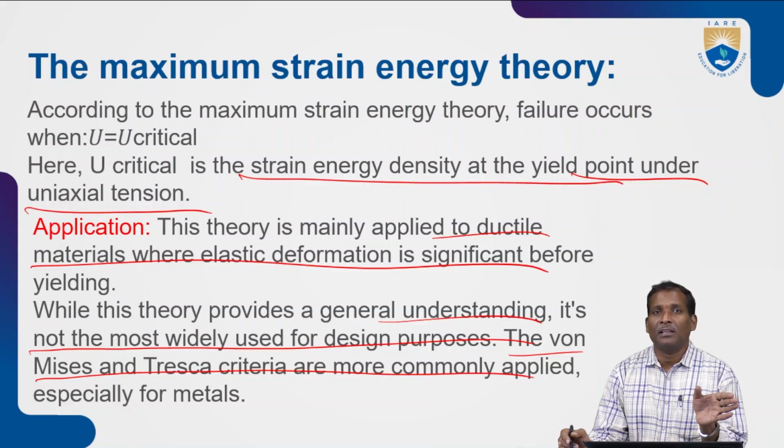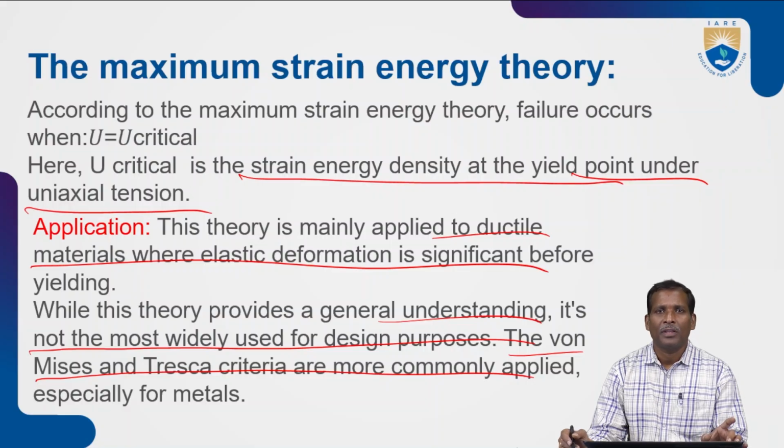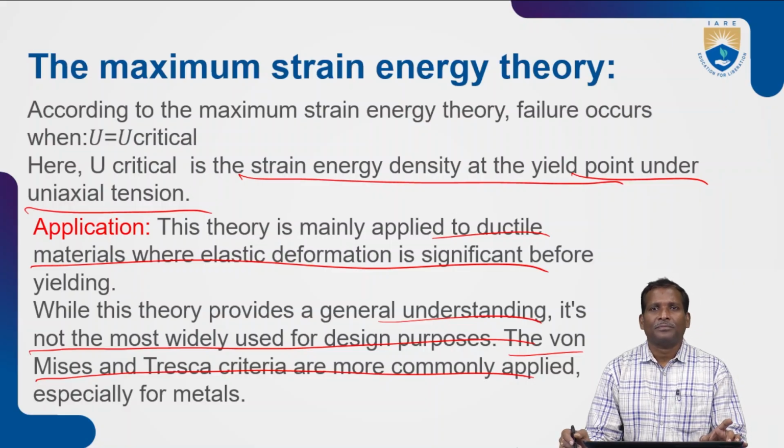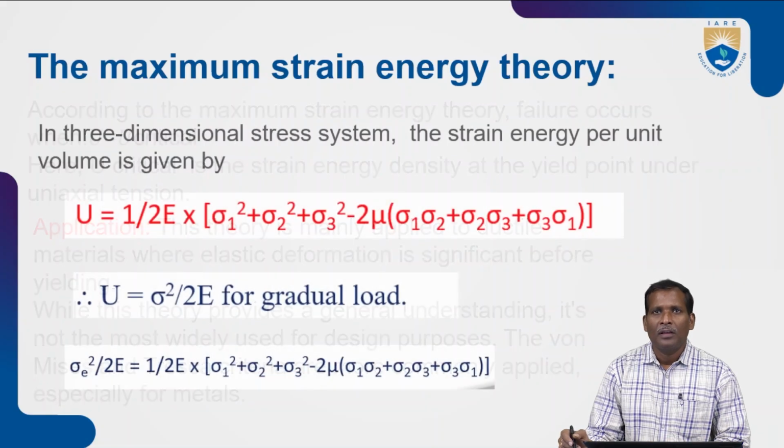That theory is called the von Mises theory. Most probably the von Mises and Tresca criteria are the most commonly applied theories for designing components. Clear? So wherever the elastic deformation is significant before yielding, this theory is applied.